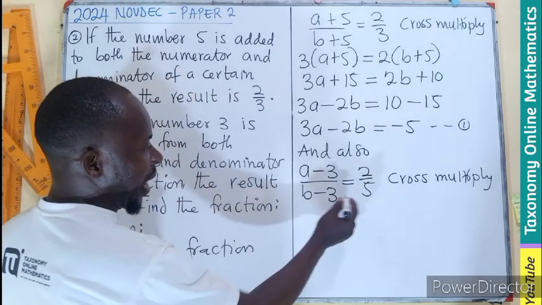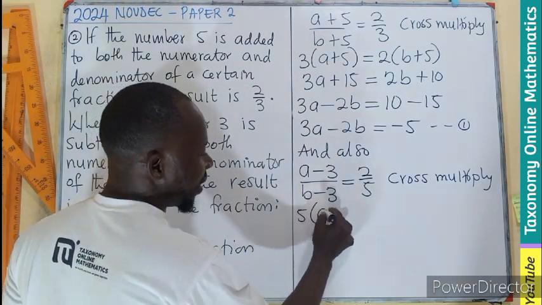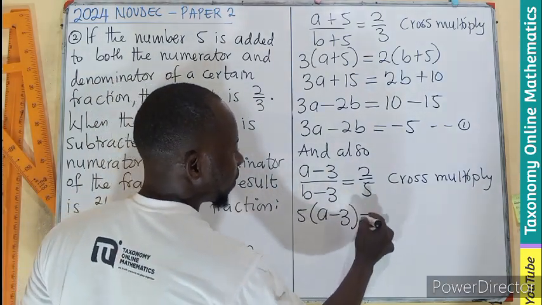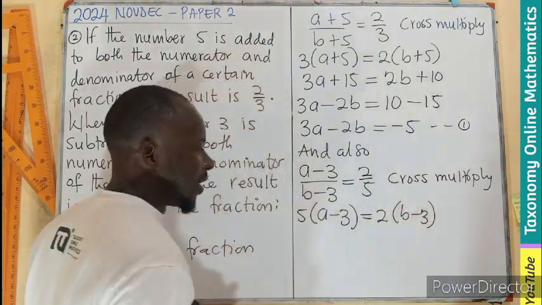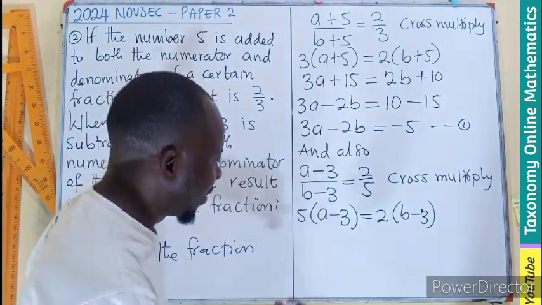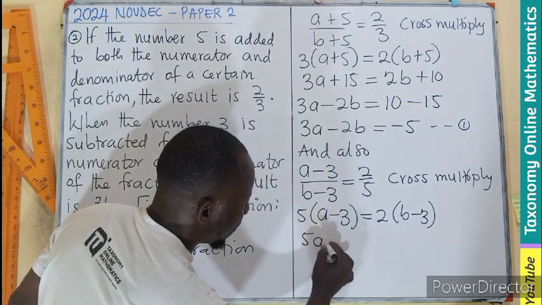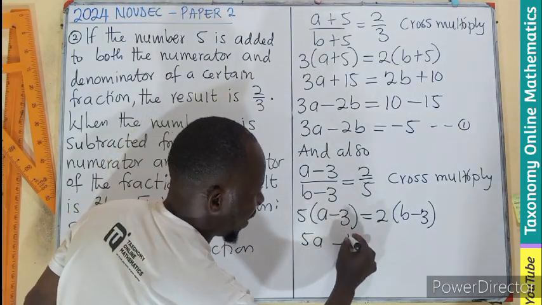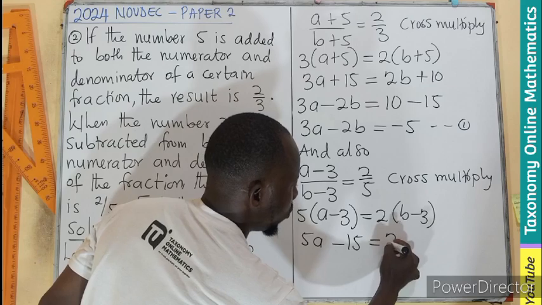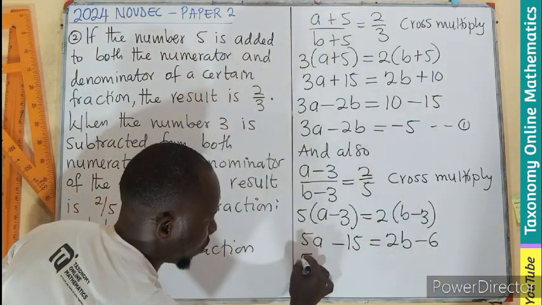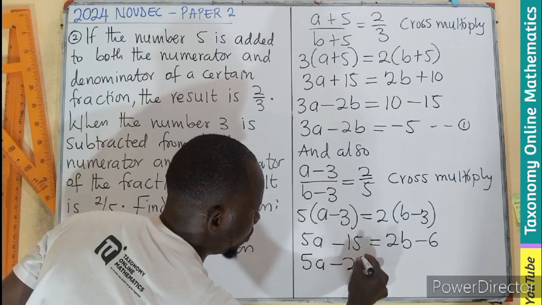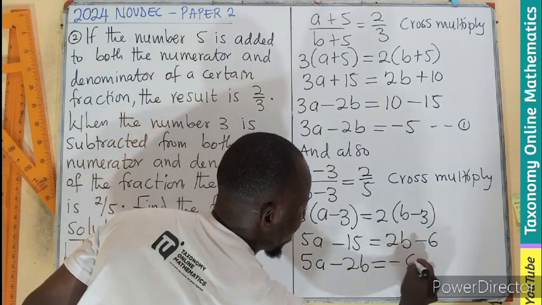If you cross multiply, I should have 5 times (a minus 3) equals 2 times (b minus 3). Fast forward, we expand the bracket. 5 times a, 5a, 5 times 3, 15, 2b, 2 times 3, 6. Let's regroup.